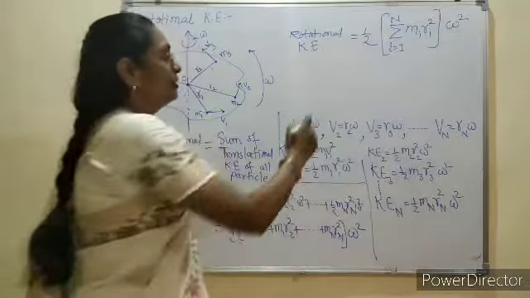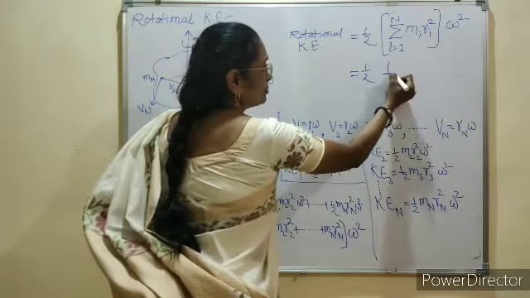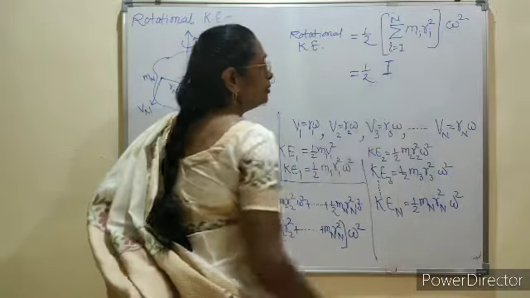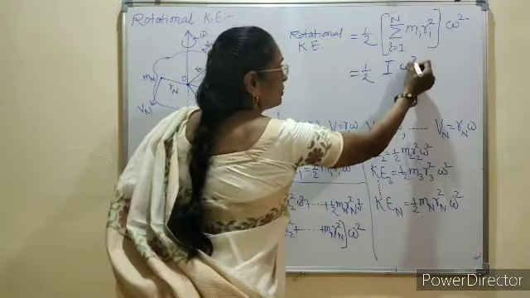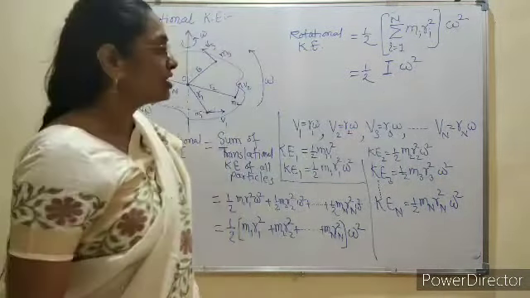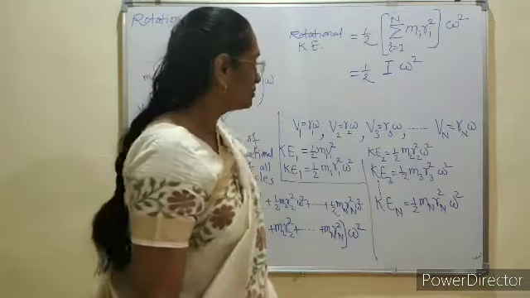This is the sum, and this bracket is denoted by a new quantity I, and this I is called the moment of inertia.